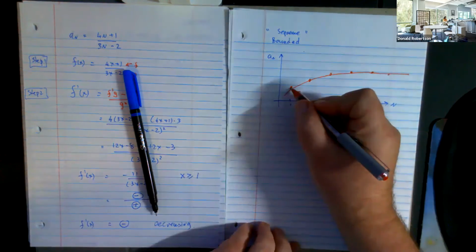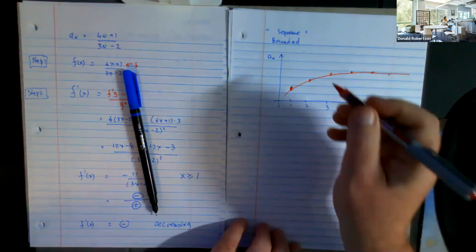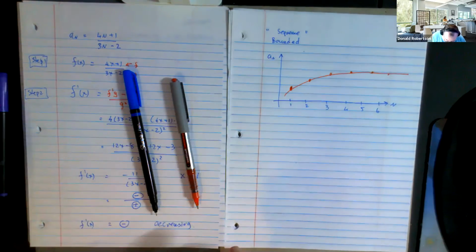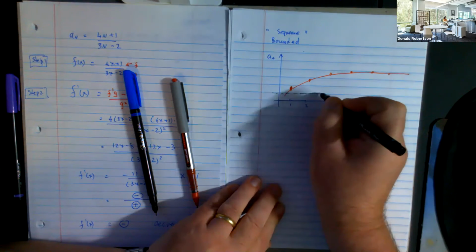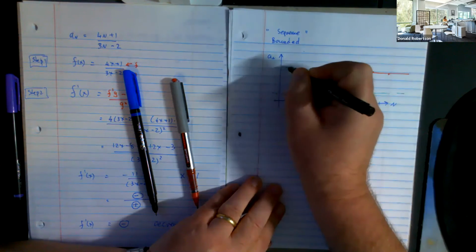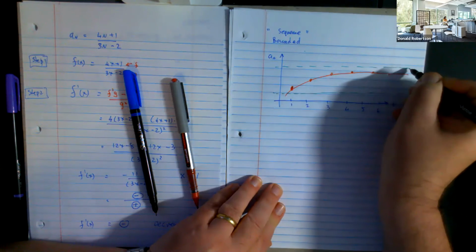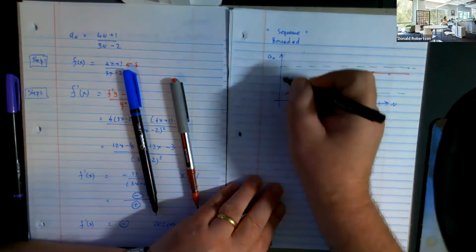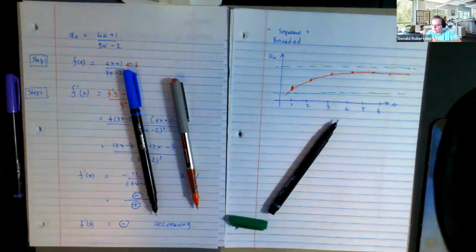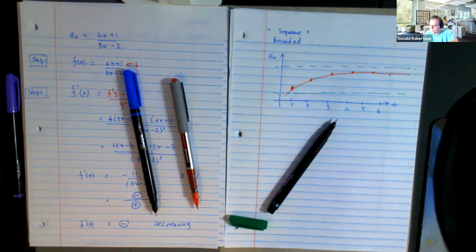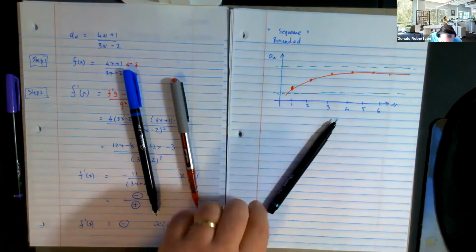Now, when we talk about whether a sequence is bounded, what we are saying is: can you place values here and here so that the entire sequence is always going to be inside that range, that boundary of values?